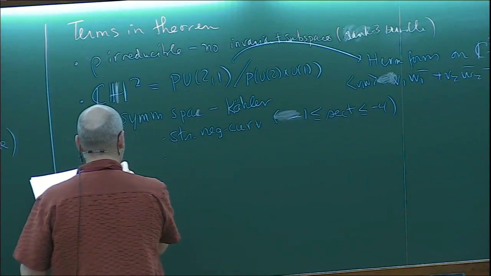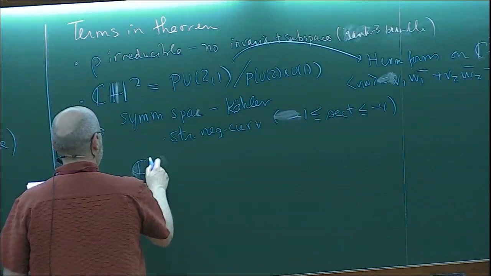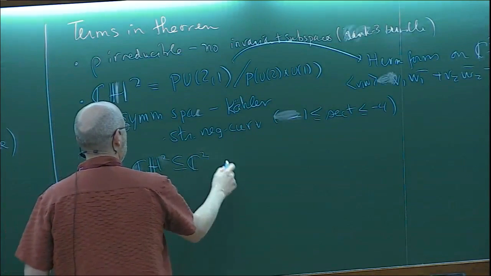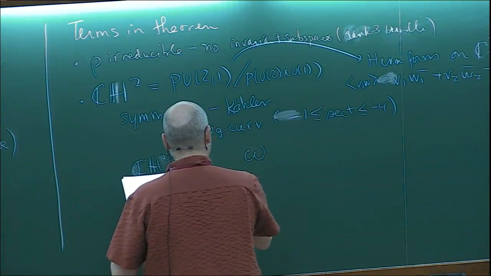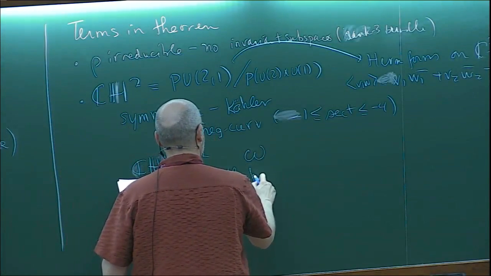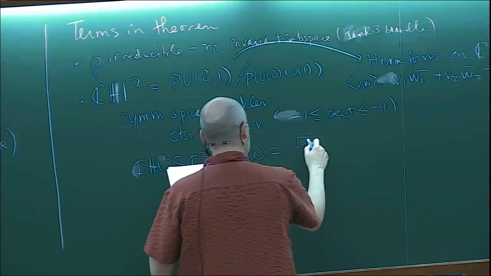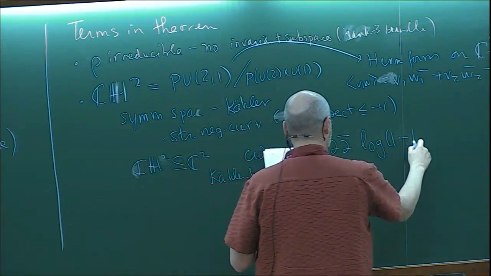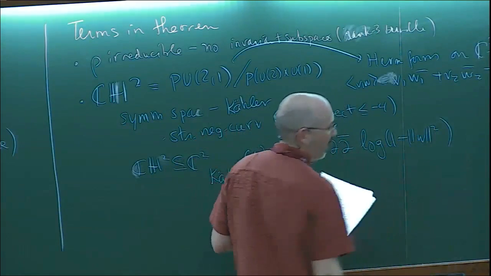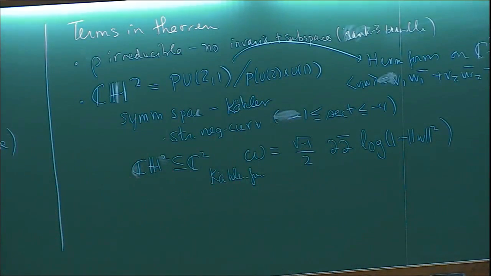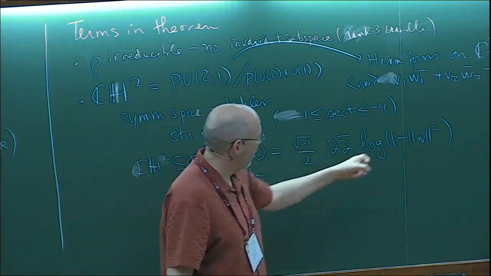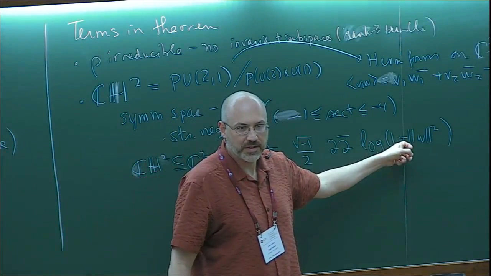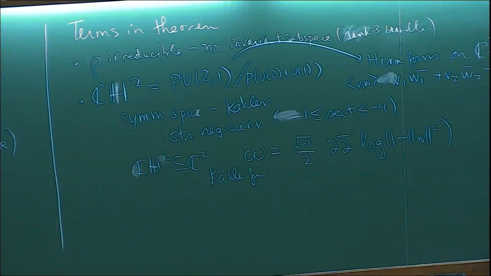You can write CH2 as a subset of C^2, and the Kähler form is i over 2 ∂∂bar log(1 − |w|^2), where this is the standard Euclidean norm. This is very similar to the formula for the Fubini-Study metric on CP2; the only difference is a plus sign in that case.